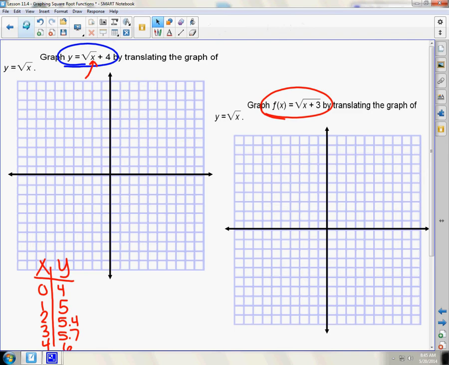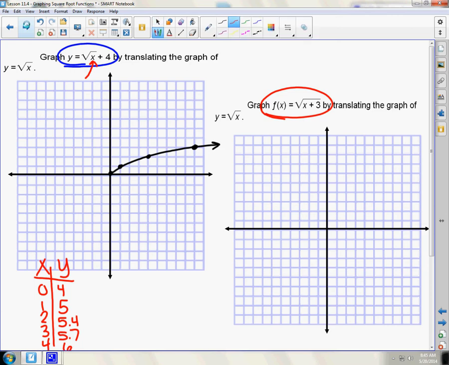If we look at our original graph, we were at 0, 0, 1, 1, 4 was 2, and 9 was 3. So there's our original graph.